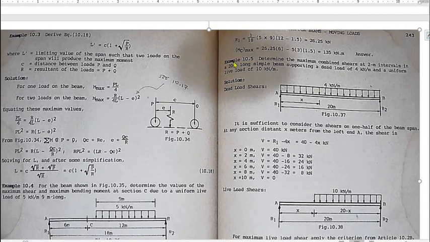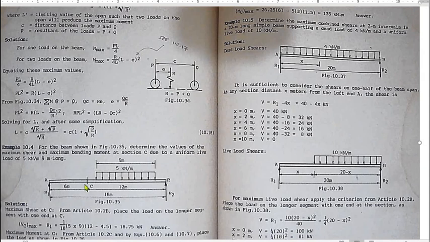Determine, for example, 10.5, determine the maximum combined shears at 2-meter intervals in a 20-meter long simple beam supporting a dead load of 4 kilonewton per meter and a uniform live load of 10 kilonewton per meter. In this example ngayon, take note na ang ating letter C, yan yung point in consideration, ano?